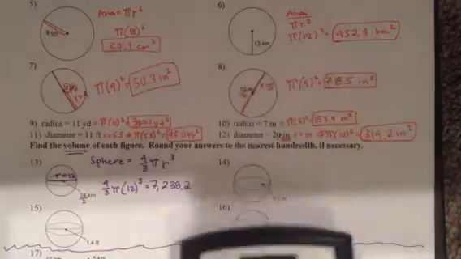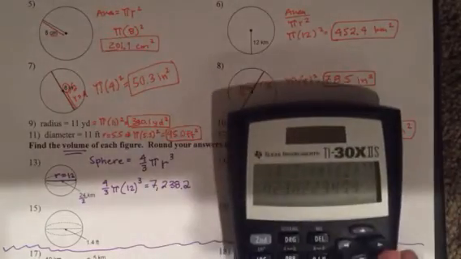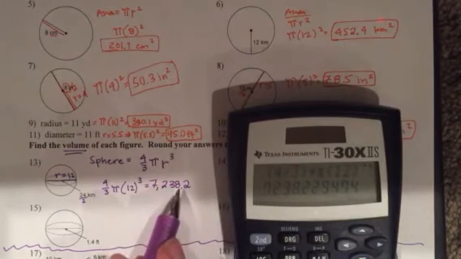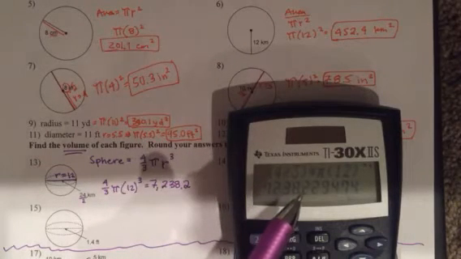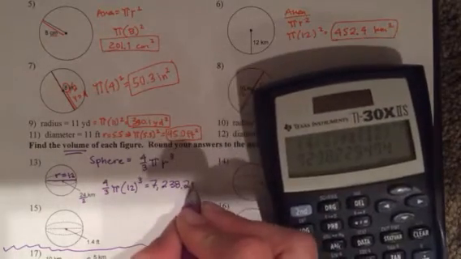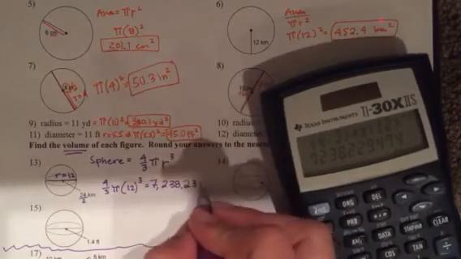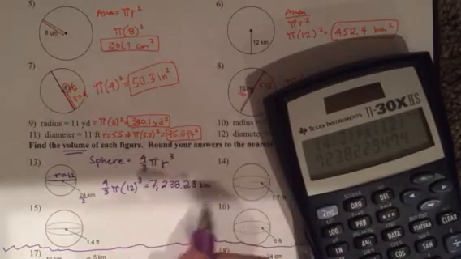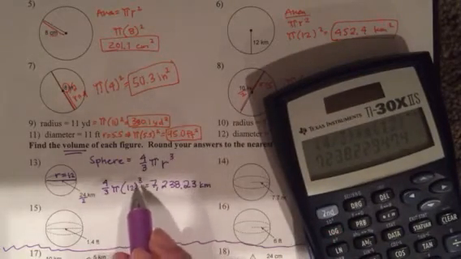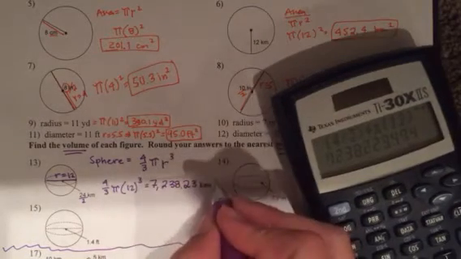Oh wait, let's see, nearest hundredth. So we need to check. That means we have 2 numbers after the decimal. The 2 would round to a 3. The measurement is kilometers, and now because it's volume, we need to make sure that our measurement is being cubed.